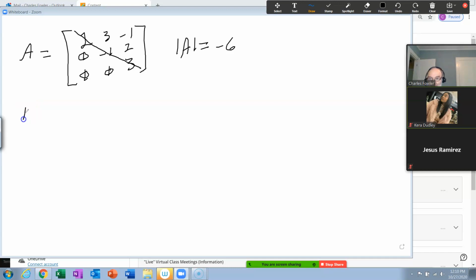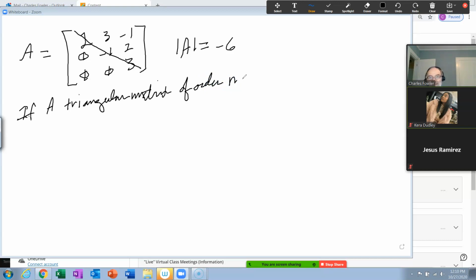Okay, if A is a triangular matrix, of order n, and by the way, triangular matrices have to be square.